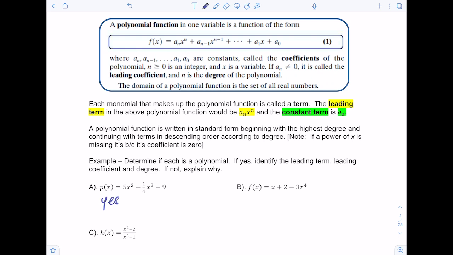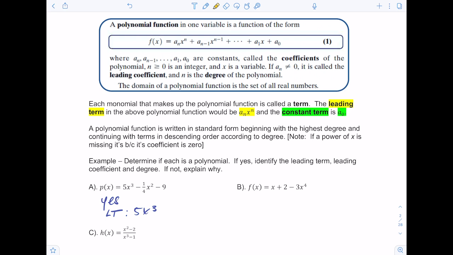So I have to explain what the leading term is and the leading coefficient and degree. It is in standard form because my highest exponent or power goes first and then it decreases. So my leading term would be 5x to the third. So I'll call that my LT. If 5x to the third is my leading term, it contains your leading coefficient and it contains your power.